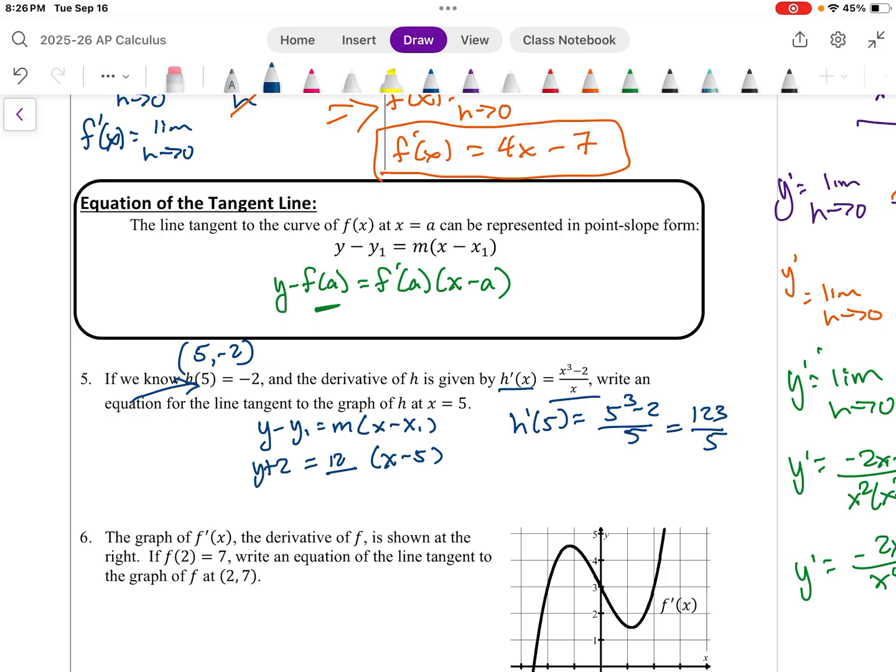So 123 fifths. And typically in calculus you don't have to simplify and get it in slope-intercept form. Usually all they want us to do is bring the 2 across. Most answers we will see are y equals -2 plus 123 fifths times x minus 5.